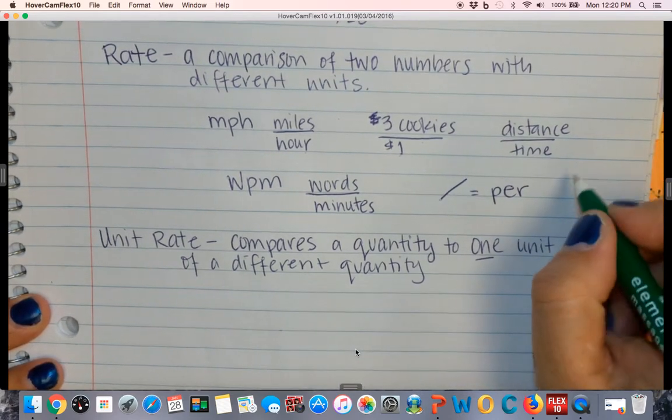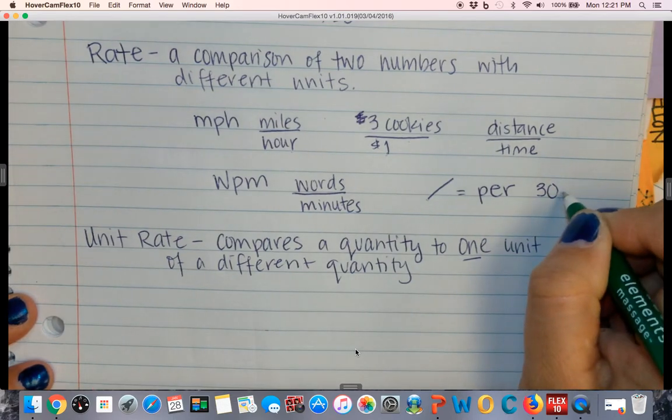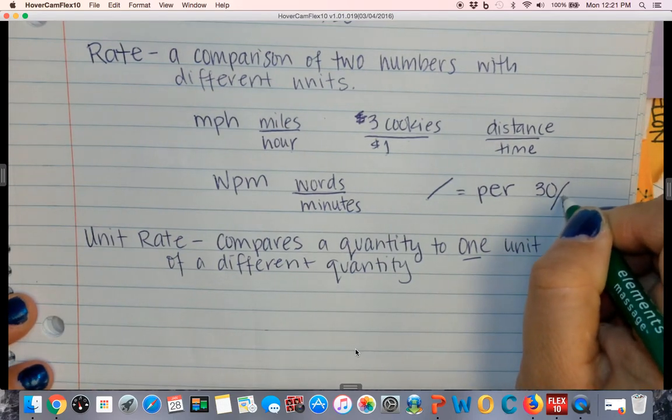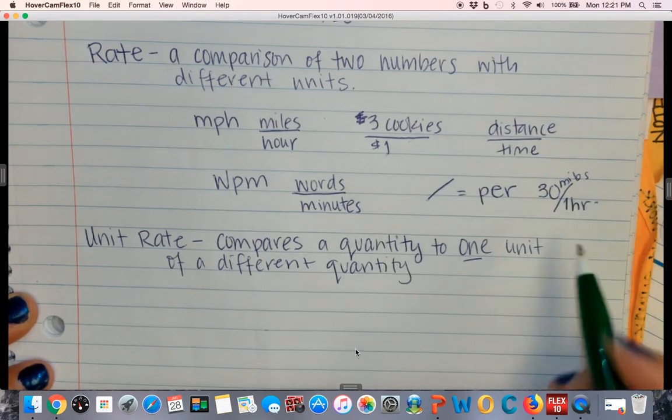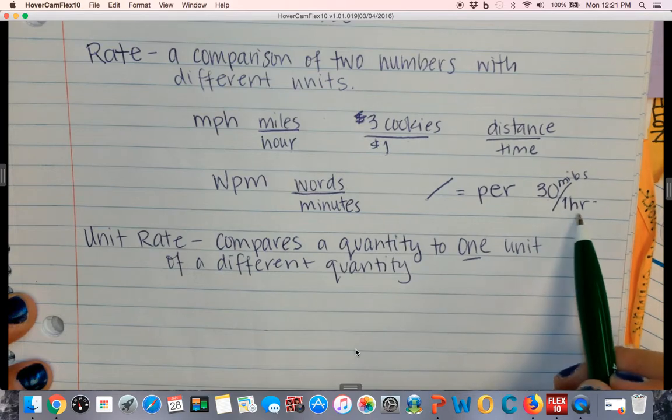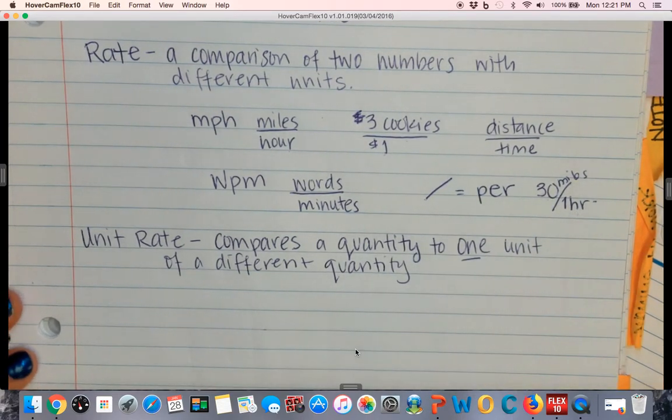So if I were to write 30, sorry, this would be 30 miles per hour.